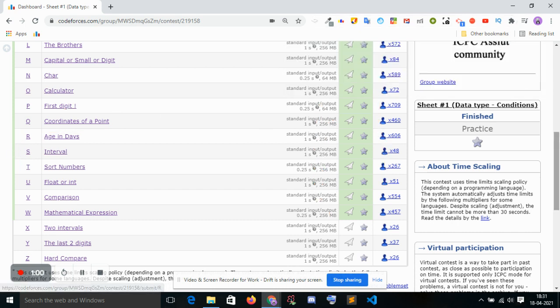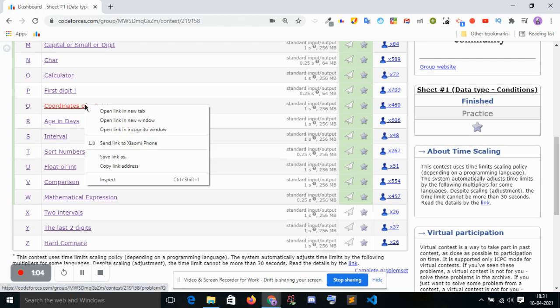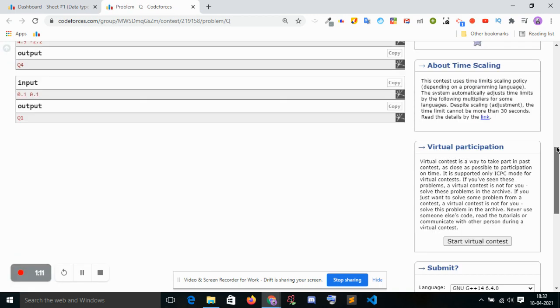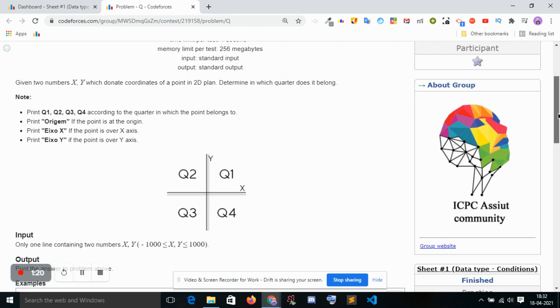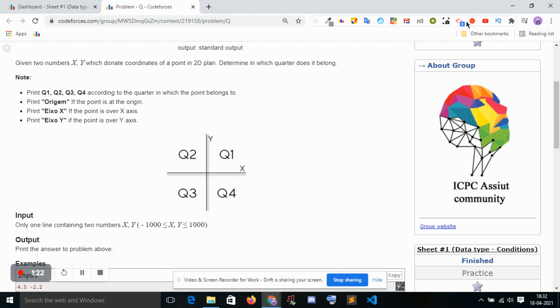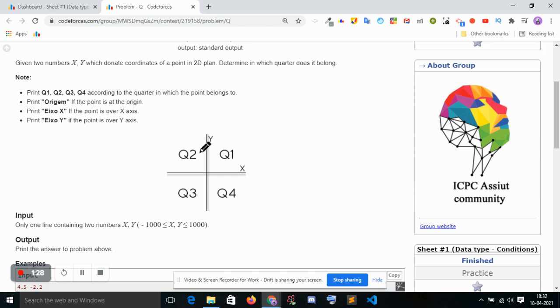Let's try it. The first question is Q, coordinate of points. You are given two coordinates x and y, which denote the coordinate of a point on a 2D plane. Determine which quarter it belongs to.